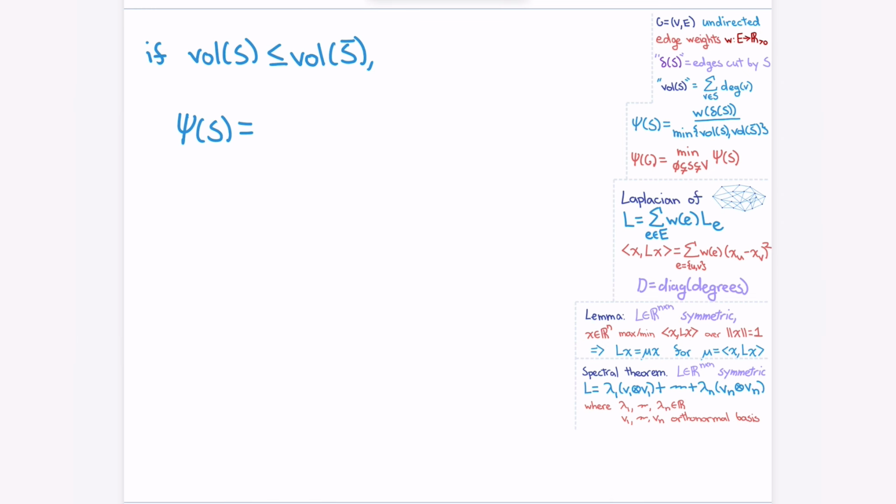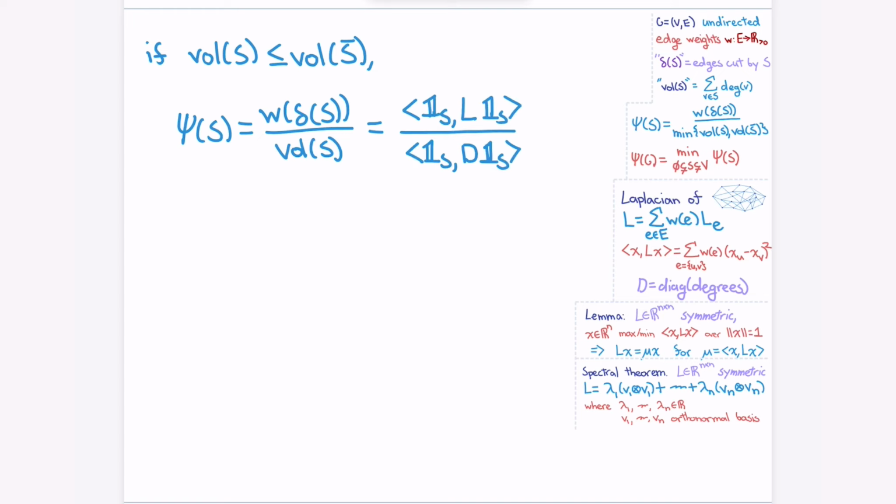Okay, so the conductance of a set S is the weight of a cut S, which can be written like this. We'll prove this in more detail next time. But what's the moral of this story?